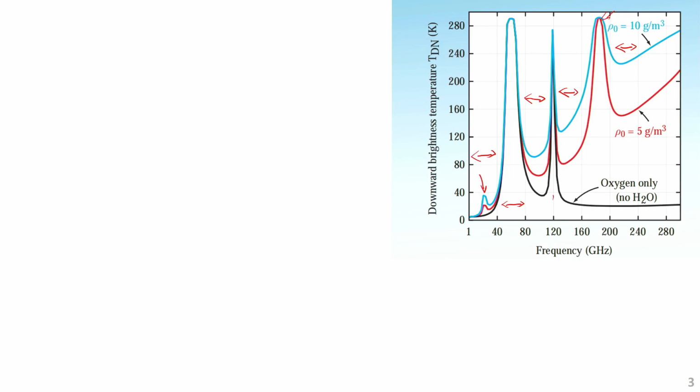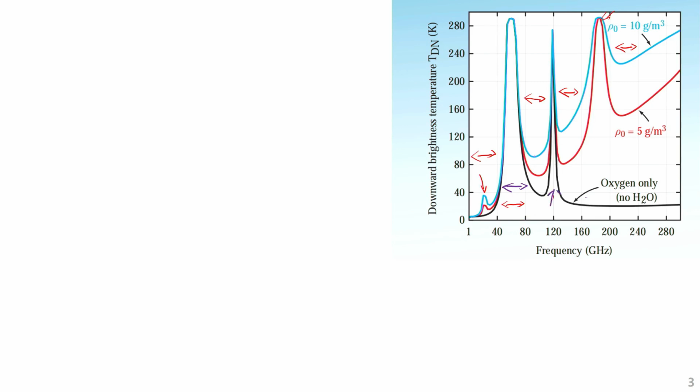When we look at these points, we can see it is from 1 to 90 gigahertz, and there are several absorption lines by the oxygen. For example, the black line, and here, this is the 50 to 70 gigahertz, and another one here.